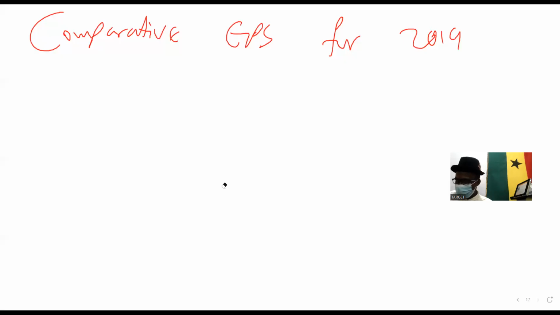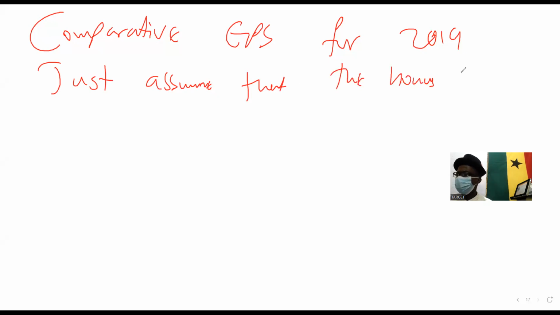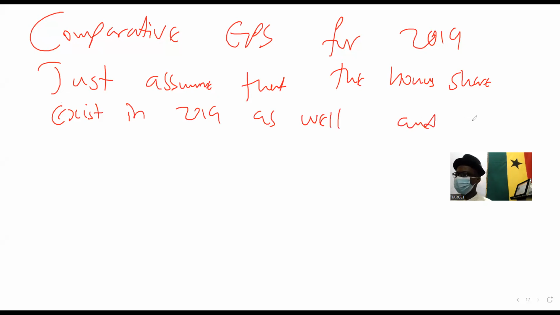You can't afford to miss this section. From this section going, we are now entering into deeper waters. So now, just assume that the bonus share exists in 2019 as well, and recalculate the earnings per share in 2019.